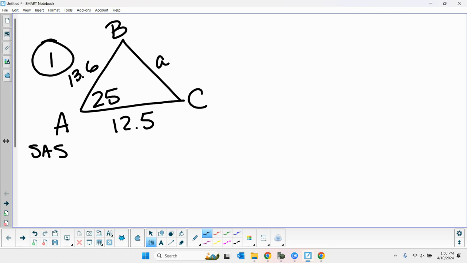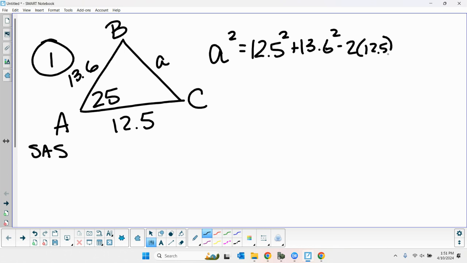So the only thing I can figure out is side A. So I go with A squared equals B squared plus C squared minus 2 times B times C times cosine of angle A, which is 25.